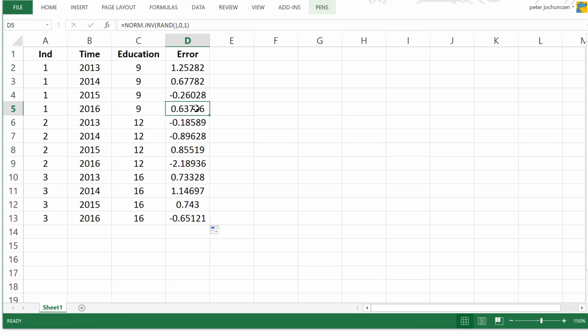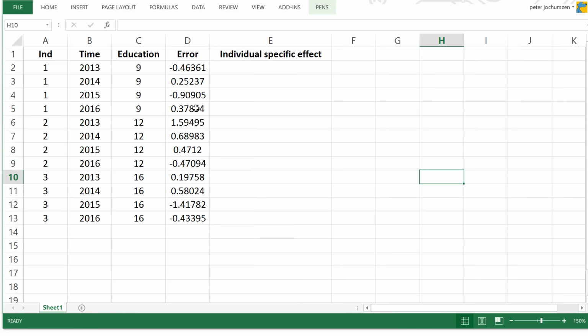But these kinds of hidden characteristics tend to remain fairly constant over time. If an individual is hardworking and intelligent in 2013, this person is likely to be hardworking and intelligent in 2016 as well. So let's call the combination of all these unobserved characteristics the individual specific effect.